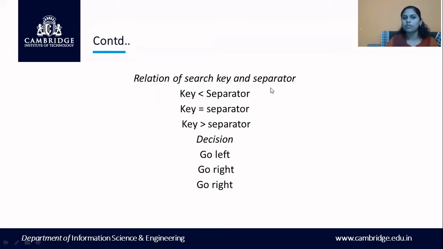So we have seen how this index is helping us to search for a particular record and how it is increasing the efficiency. So what was our aim? To improve the efficiency of searching. So we have seen how the efficiency can be improved by using a sequence set, and how to add an index to that particular sequence set.